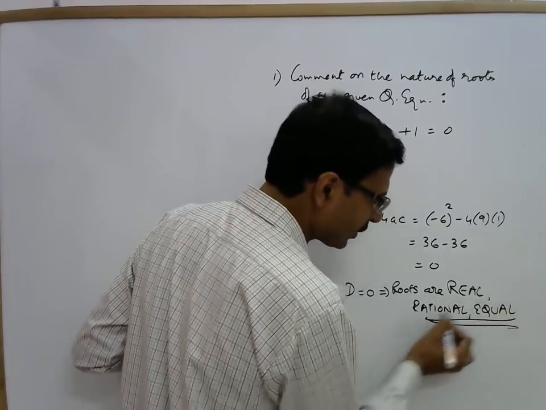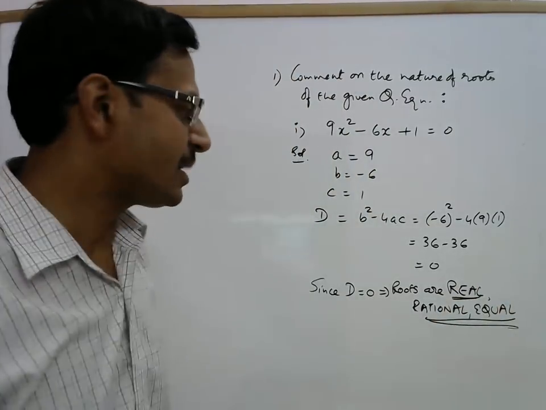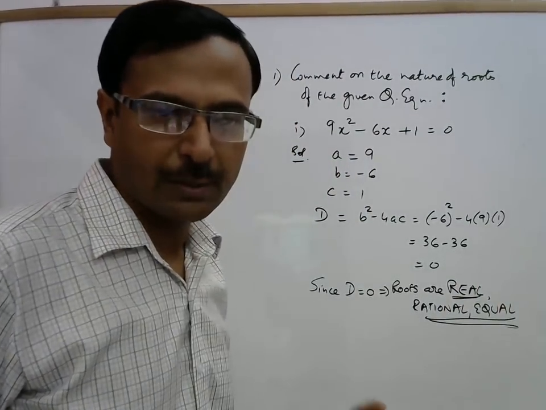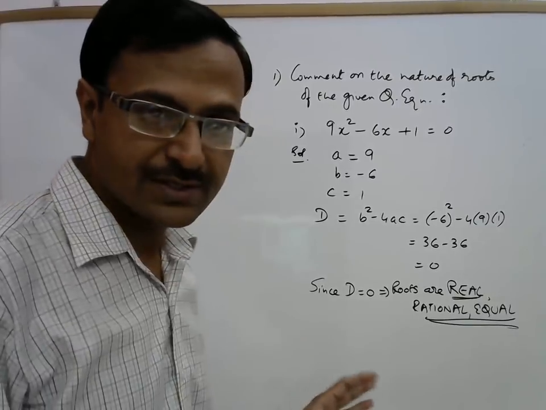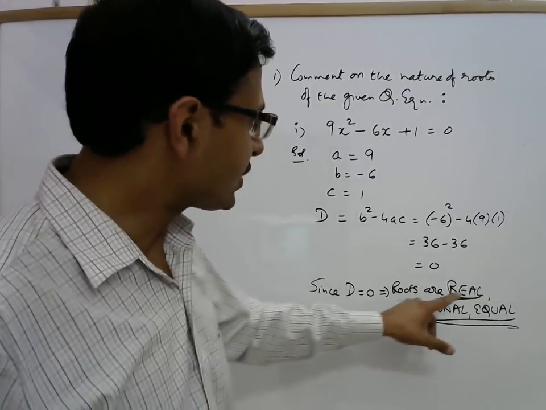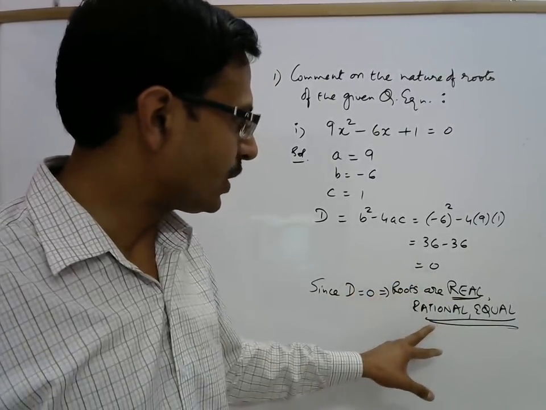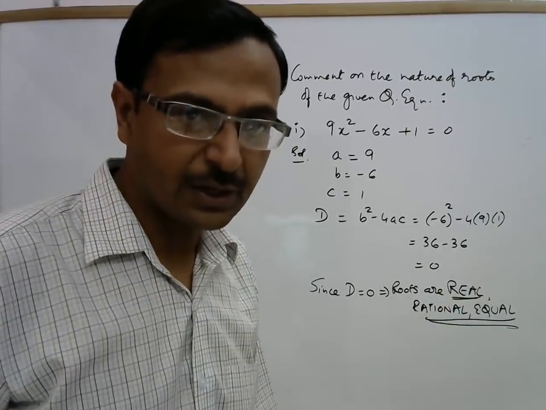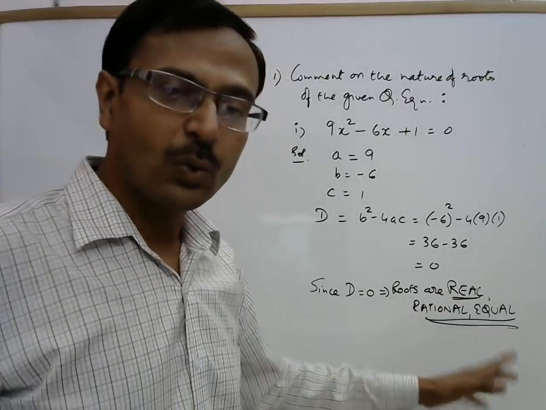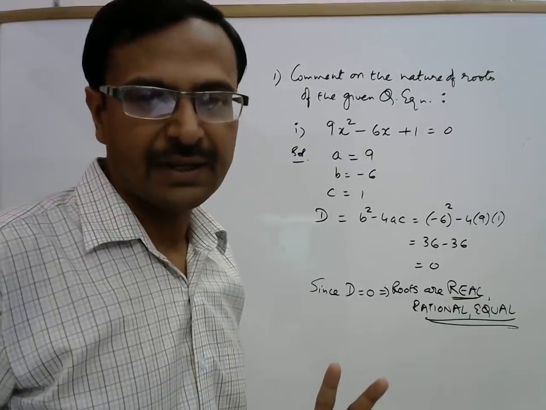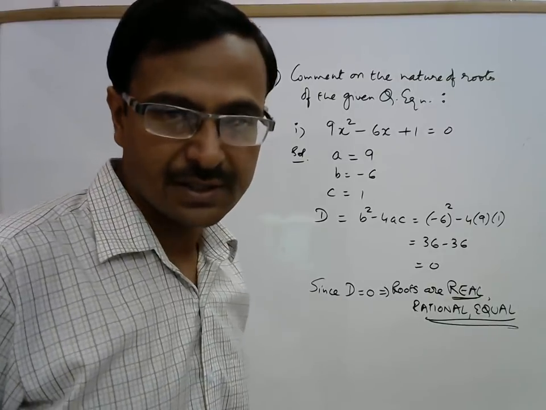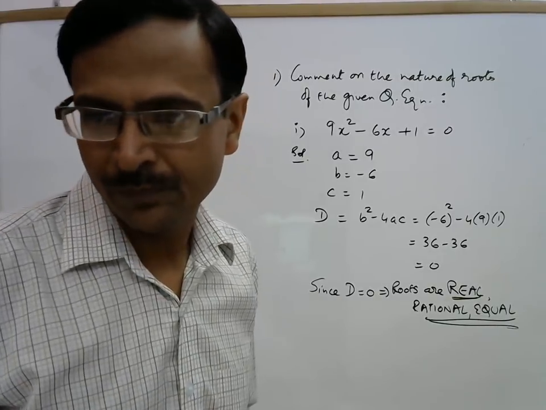So this is the nature of the roots. If you have seen the concept very closely, you can now comment on the roots. The roots are real because the discriminant is 0. The roots will be rational, there will not be any under root sign. And equal, because there is only one case when the roots are equal, that is, the discriminant should be 0.